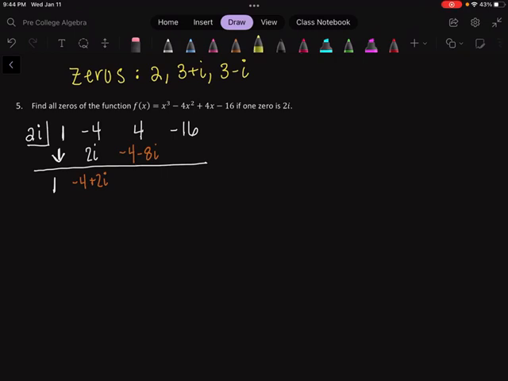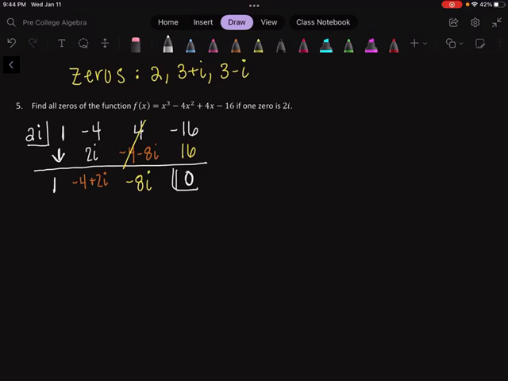Oh, well, those 4's cancel out, right? 4 plus a -4. So now I have -8i right here. And I'm going to have to multiply -8i times 2i, which is 16. So that, in fact, got us a remainder of 0. Perfect.